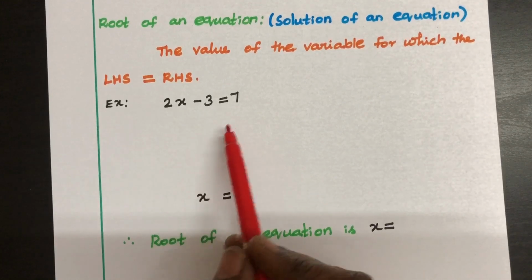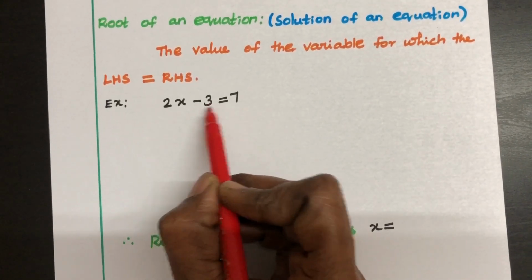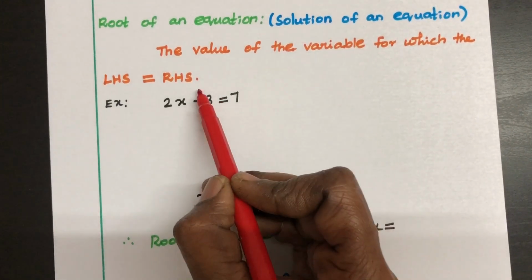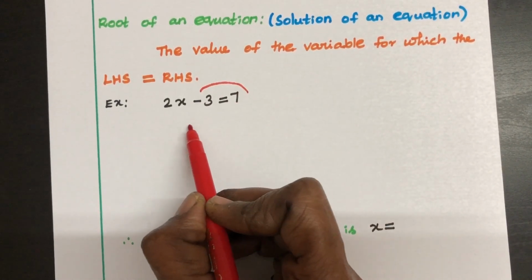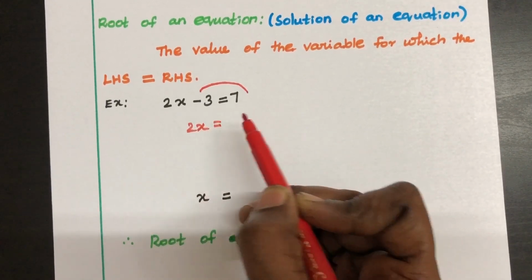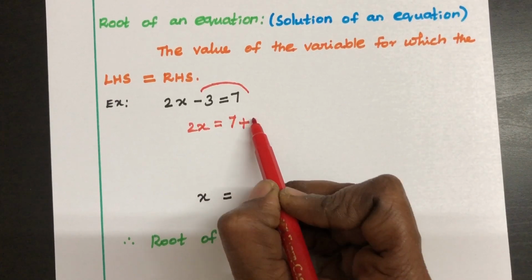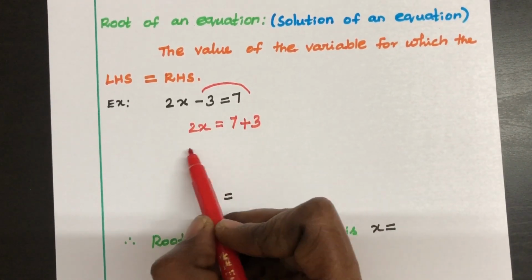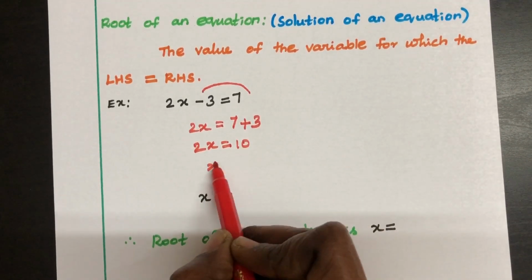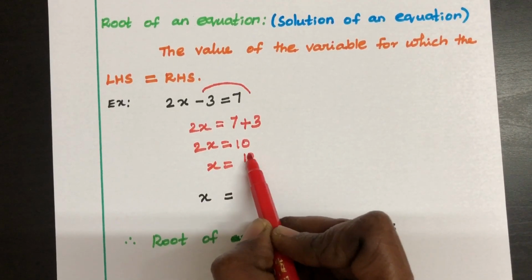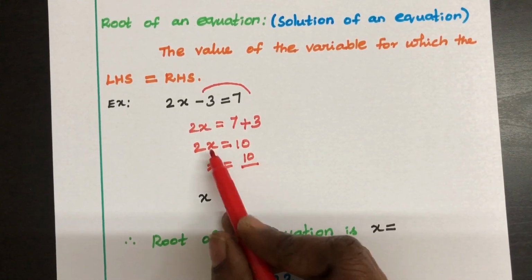Now, we will use the transposition method here. So, 2x minus 3 equal to 7. We will transpose this 3 towards the right hand side. So 2x equal to, while transposing, negative 3 becomes positive 3. So 2x equal to 10. x equal to 10 by 2, because multiplication will come down to the denominator, cross multiplication.